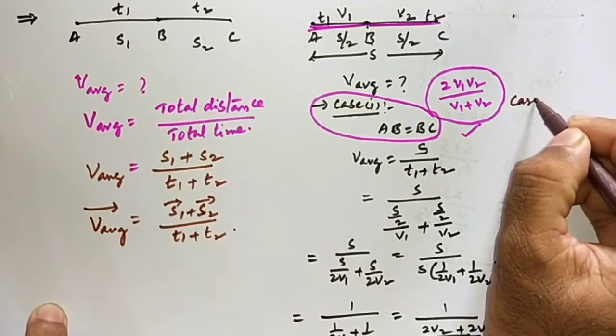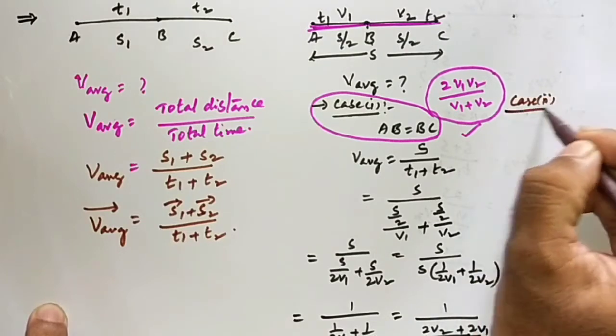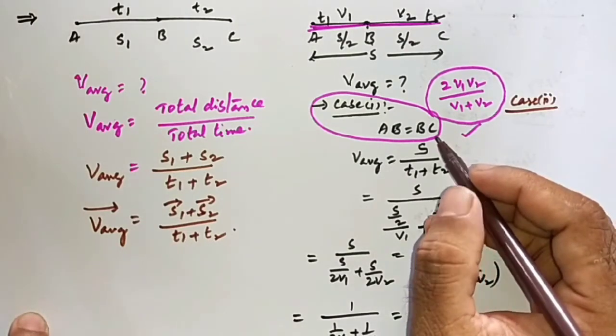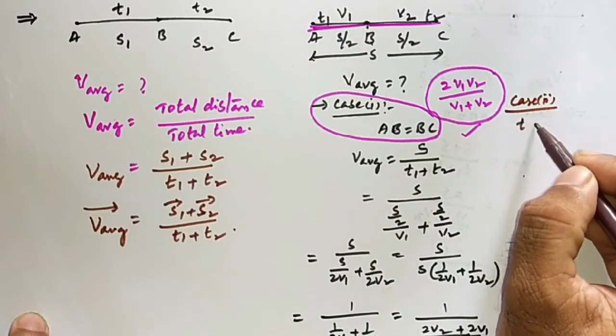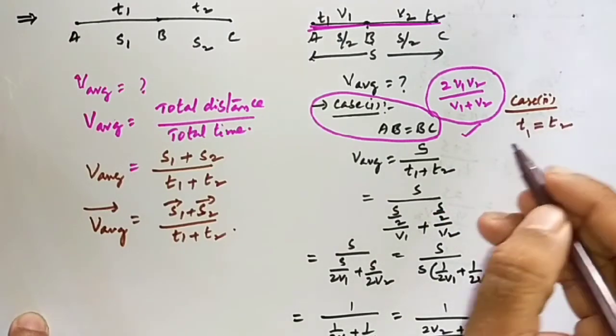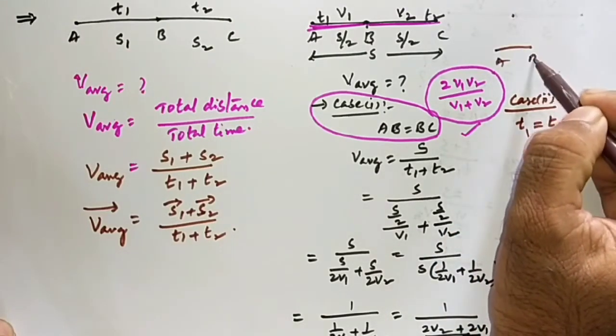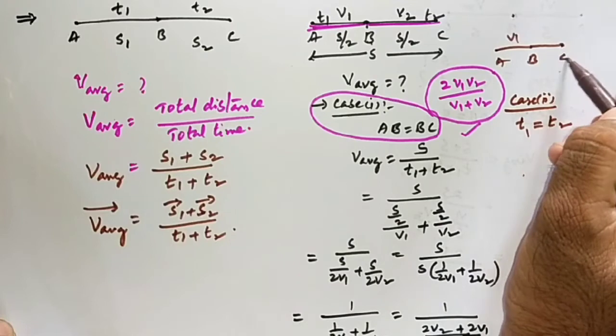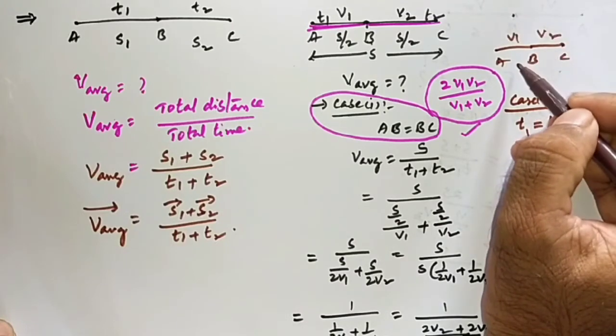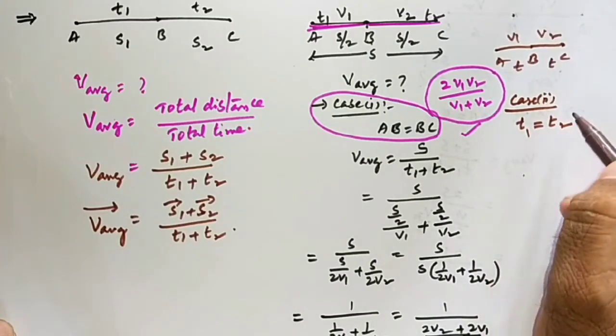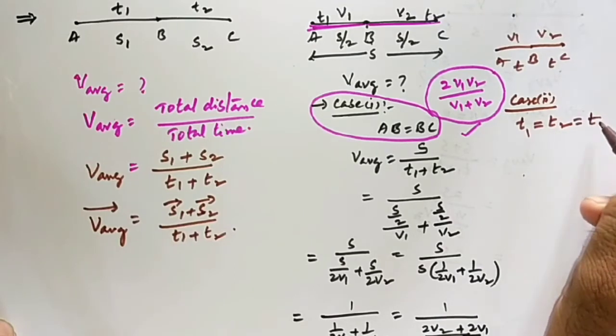Case 2. Distance is not given, but time intervals are given. t1 is equal to t2. That means the body moves from A to B with a speed v1 and B to C with a speed v2, and the time intervals are equal. t1 equal to t2, let us take that as t.